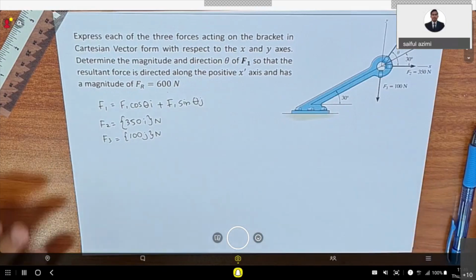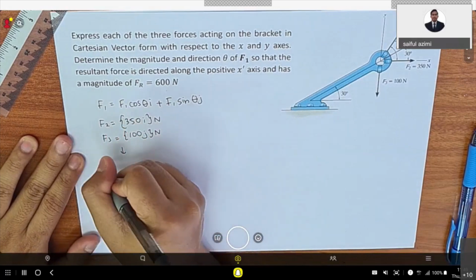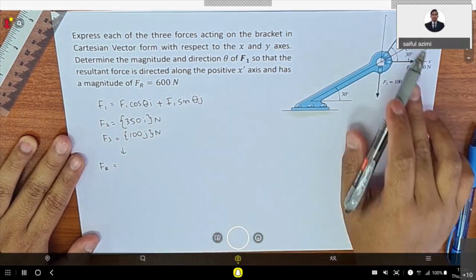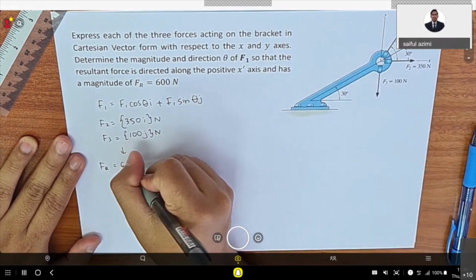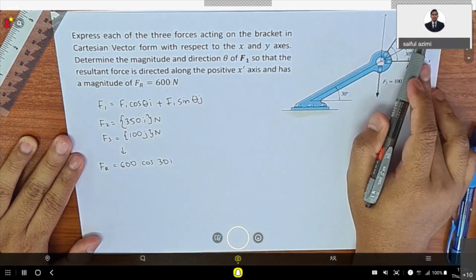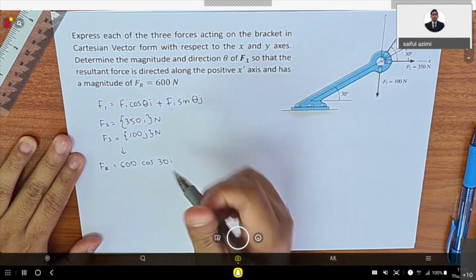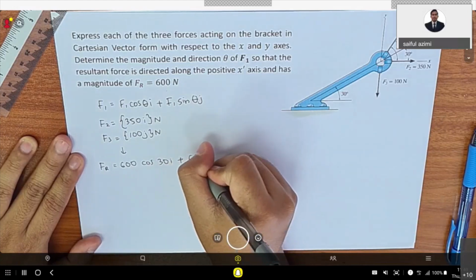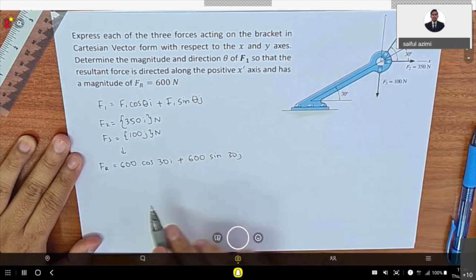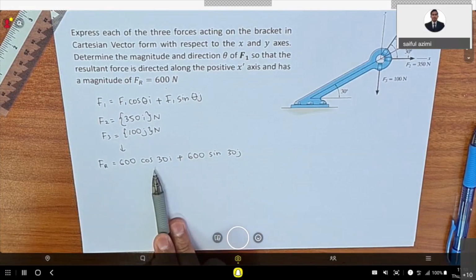So the resultant force equals 600 cos 30i plus 600 sin 30j, where the direction is 30 degrees. This is the expression of the resultant force in Cartesian vector form.